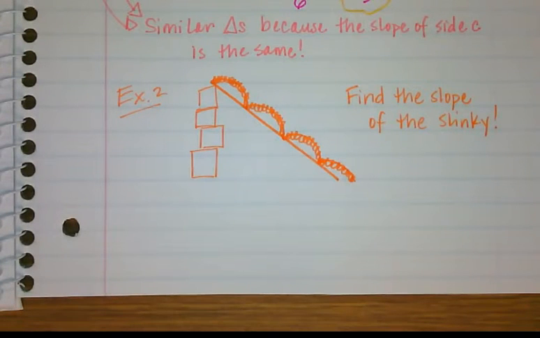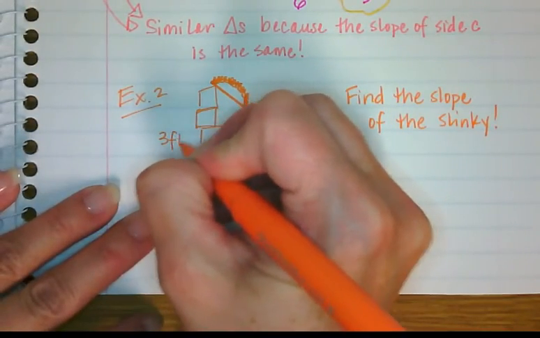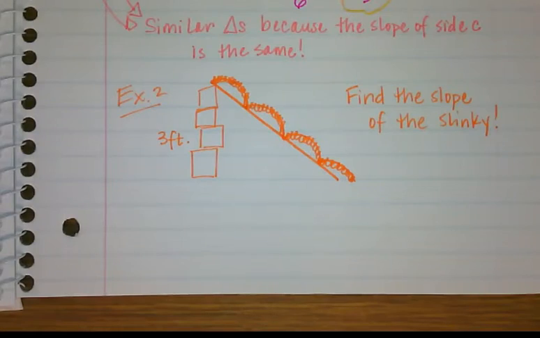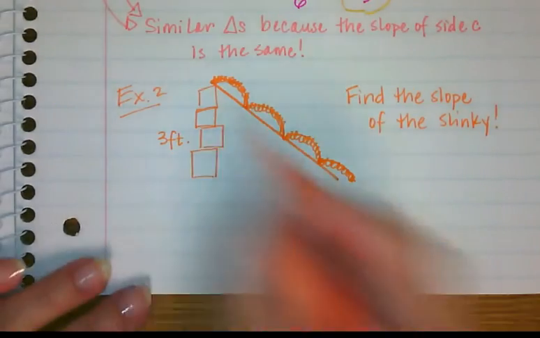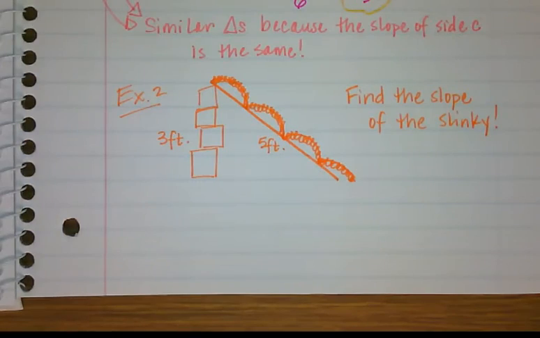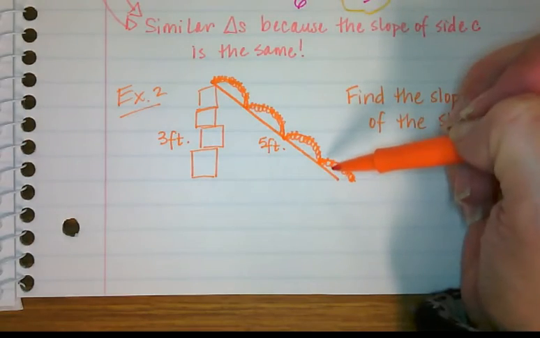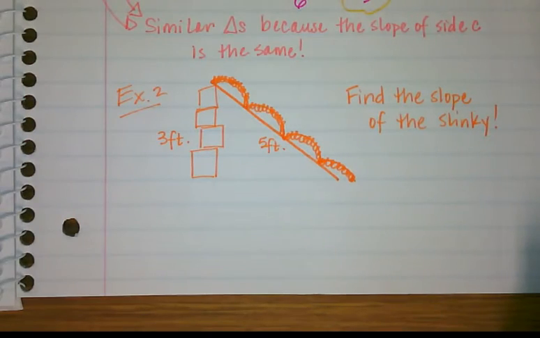All right, so let's say that you have a stack of boxes that are 3 feet tall, and let's say the board that you are using is 5 feet long. So if we want to find the slope of this, we want to do the rise over run.